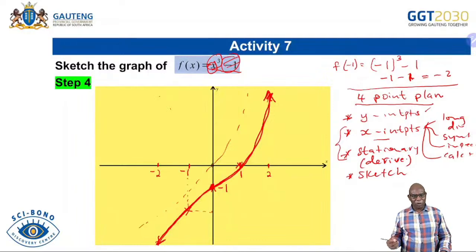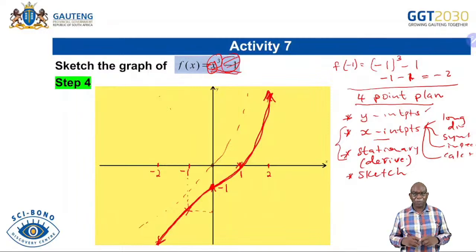So it can be given to you in a factorized form. It can be given to you in that form, or it can be given to you in a form where you have x minus a squared or cubed, and then you need to expand it and then get the correct form. Then you're able to do the derivative.